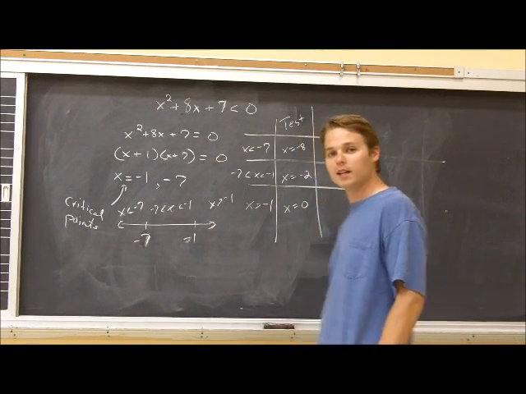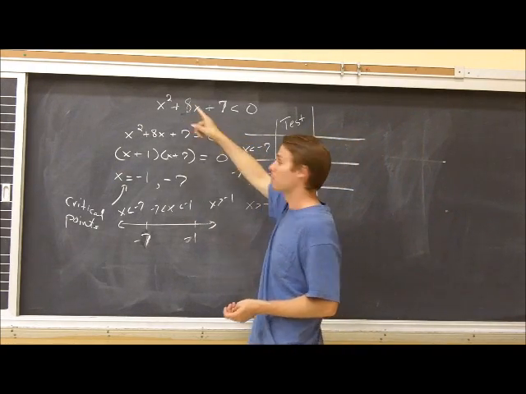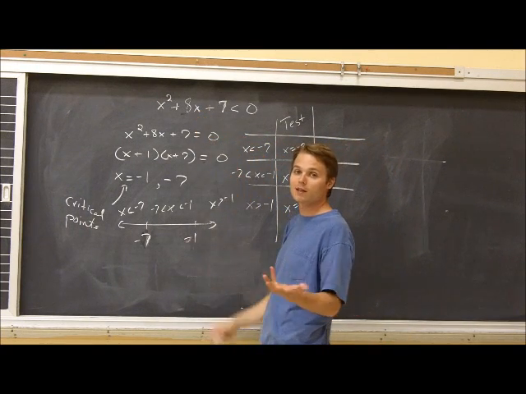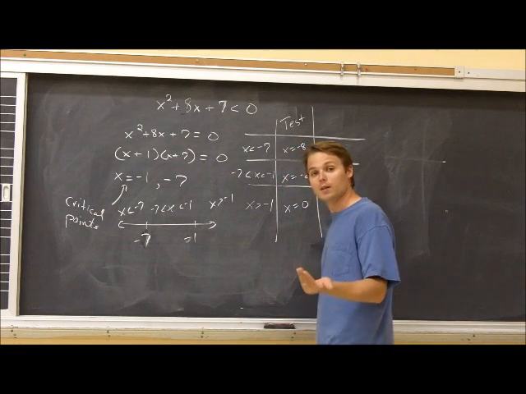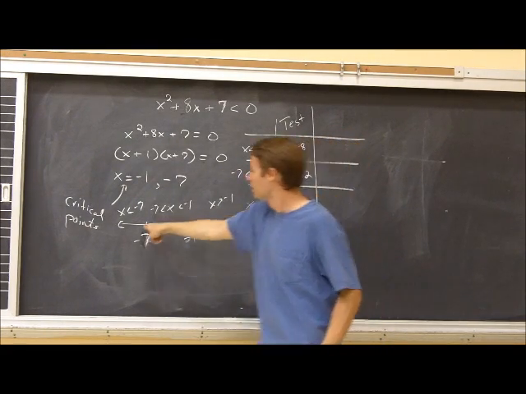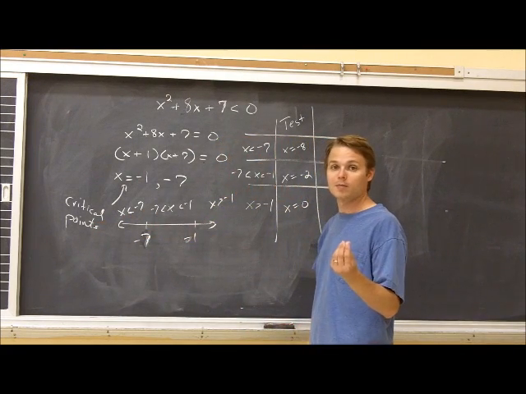The idea is you want to pick test values that are really easy to plug back into this expression, because that's what we're going to do with it. I'm going to plug in negative 8 to this expression and see if that's a positive y value or a negative y value. Because if it's a positive y value, that tells me that everything in this interval from negative 7 down must be that same sign.